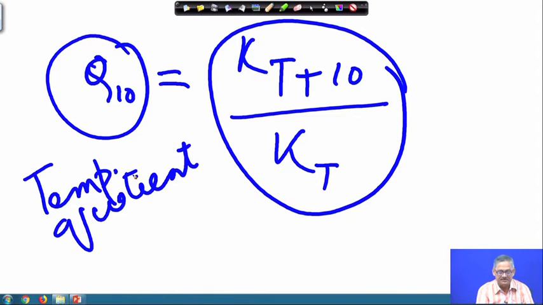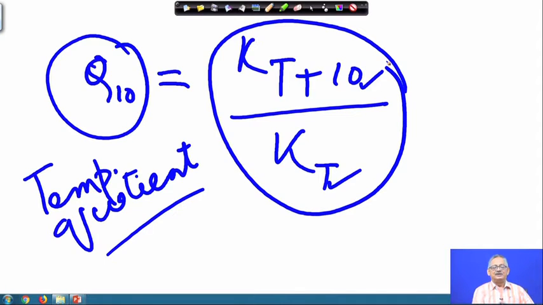Temperature quotient. This temperature quotient is defined as the rate of reaction at any temperature T, this T can be any, to that at T plus 10 degrees centigrade.